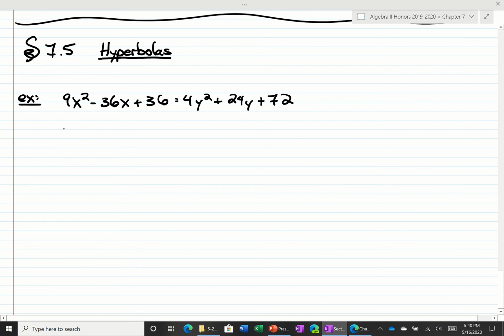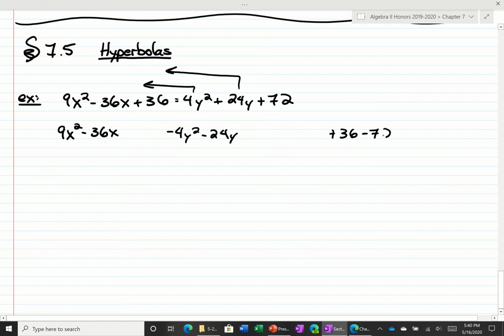So let's go ahead and group things like we usually do when we go to complete the square. I'll bring this y over. We'll bring this y over. And I'll bring the 72 over as well.